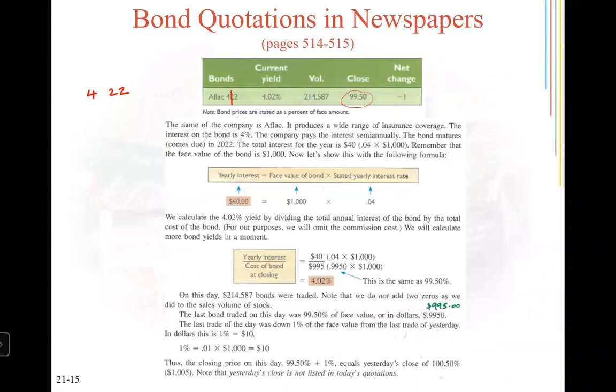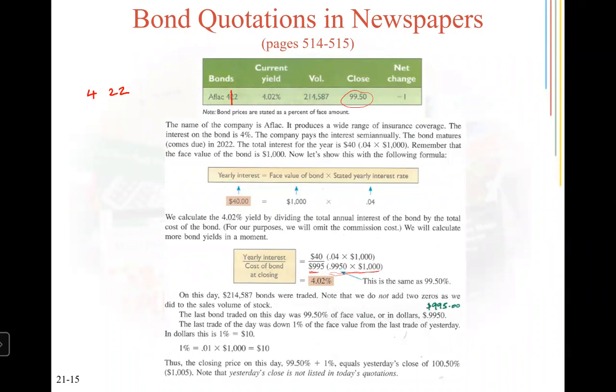That means 99.5%. So if you find 99.5% of 1,000, if you look at the bottom here, they show the calculation. 0.995 times 1,000 gives you $995.